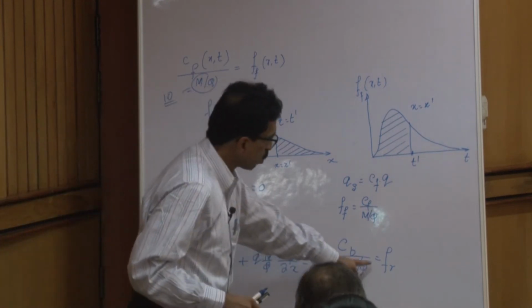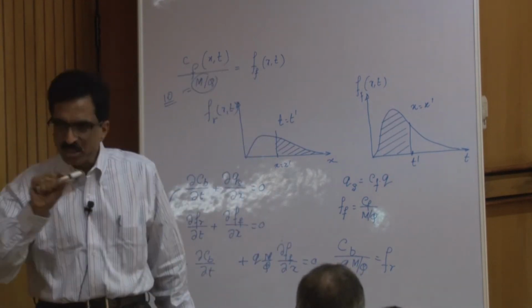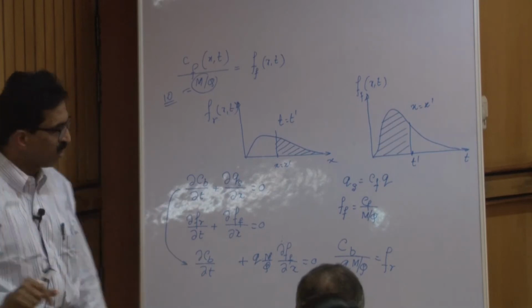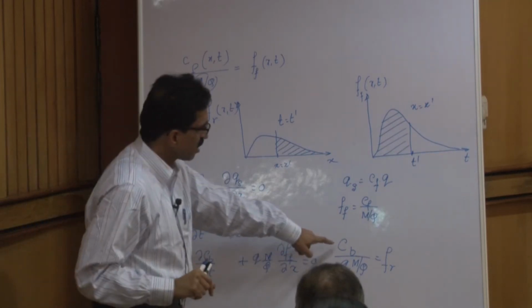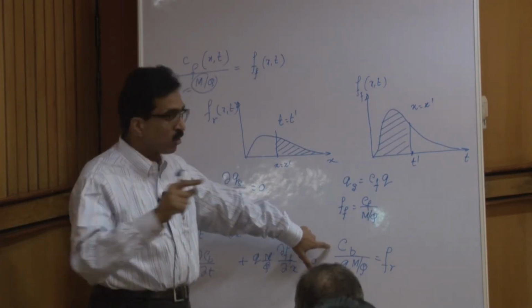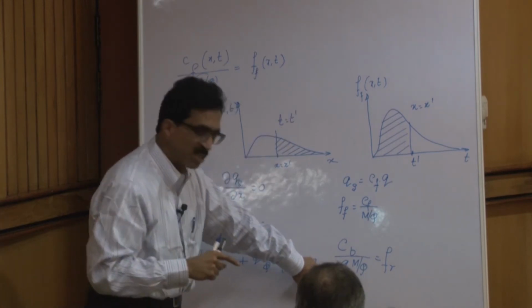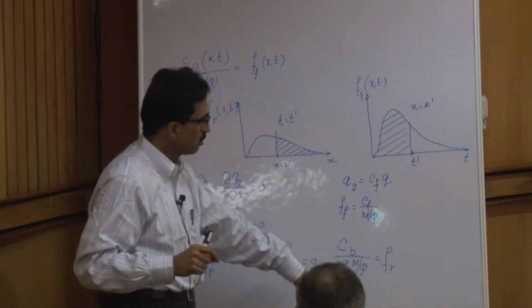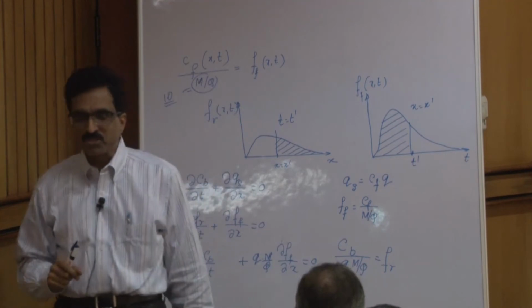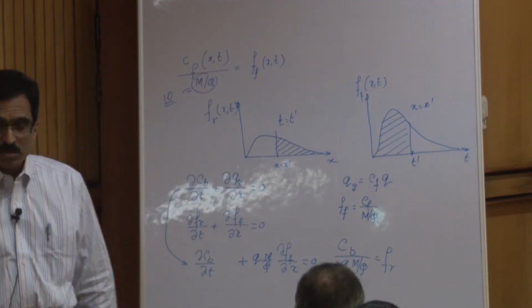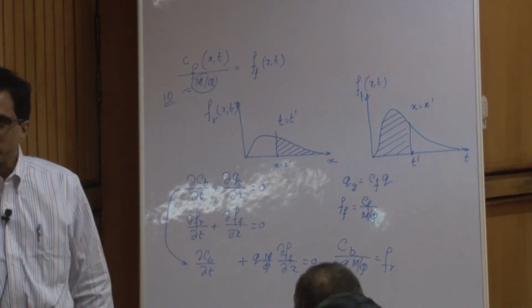So if this quantity is 1, that means under the same boundary condition that we talked about, if I'm measuring the bulk concentration all along the column, if I divide that by small q, the Darcian flux, that is my resident concentration distribution, resident travel time distribution.